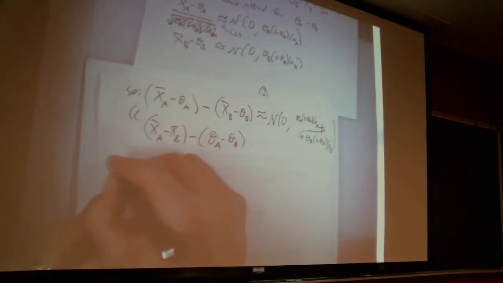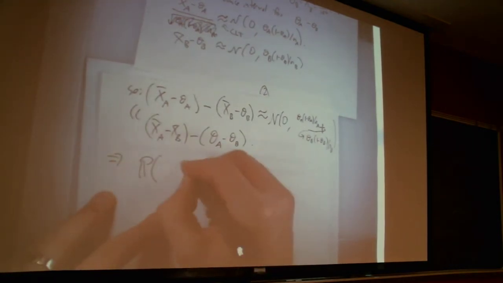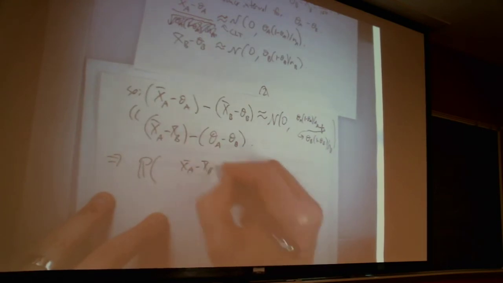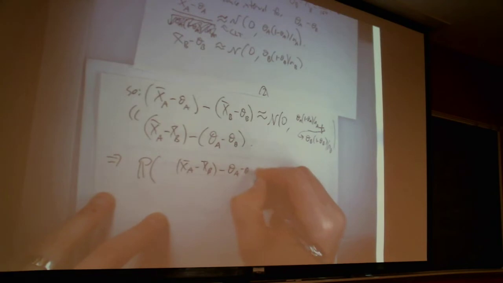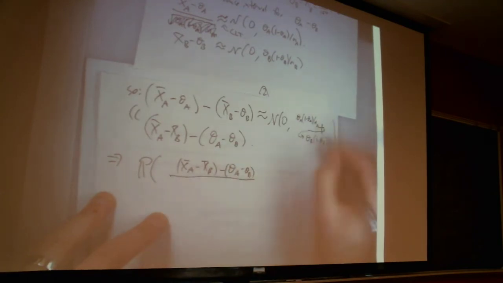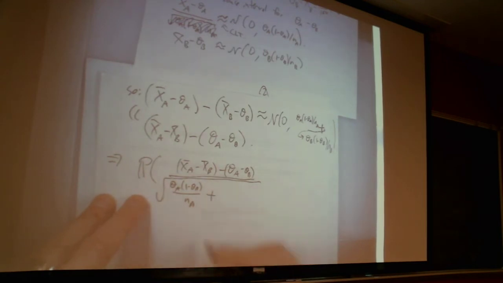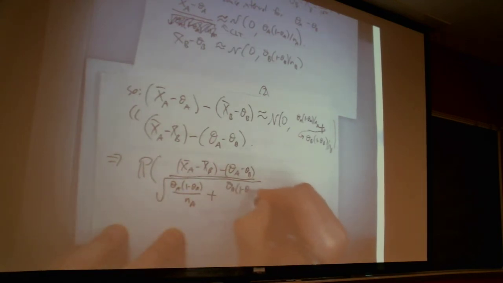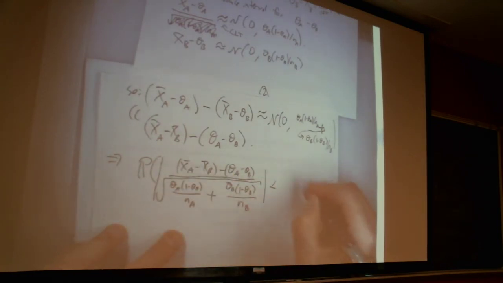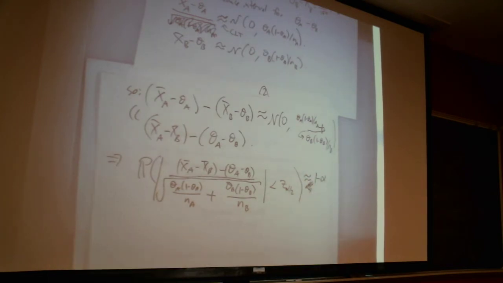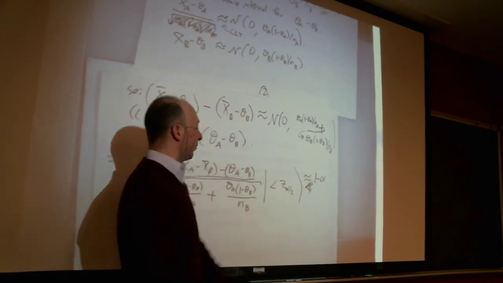So the probability that x bar A minus x bar B differs from the true theta A minus theta B, divided by the square root of theta A times 1 minus theta A over its number of trials plus theta B times 1 minus theta B over its number of trials, the probability that in absolute value this exceeds z alpha over 2 is equal to, not really, because we're using the central limit theorem, alpha, or 1 minus alpha.